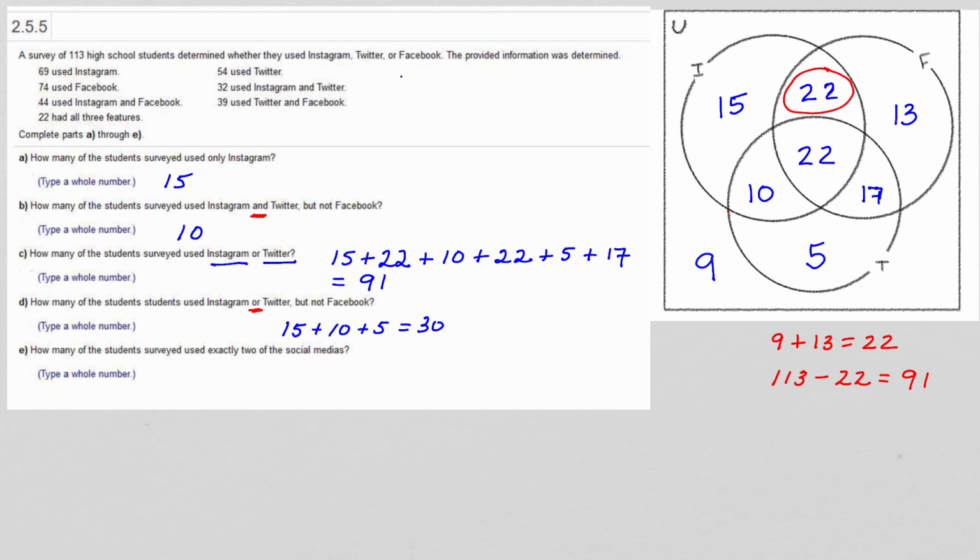Or Instagram and Twitter but not Facebook. That's these 10. And then Facebook and Twitter but not Instagram would be these 17. So I'm going to add those 3 numbers together. And that adds up to 49. So that's how you do this problem.